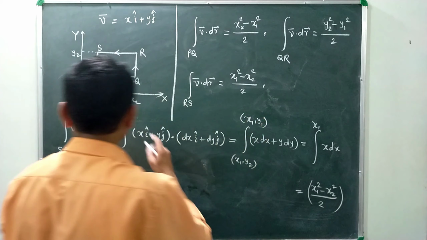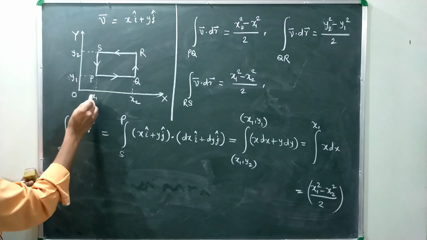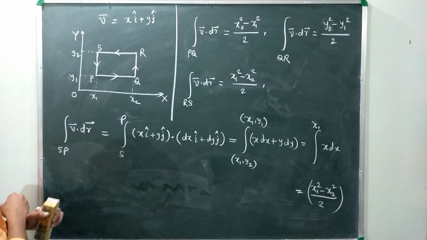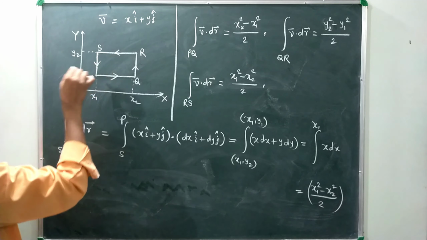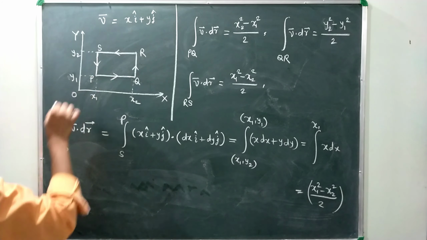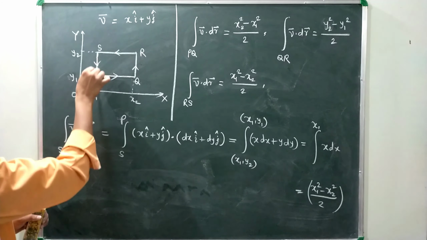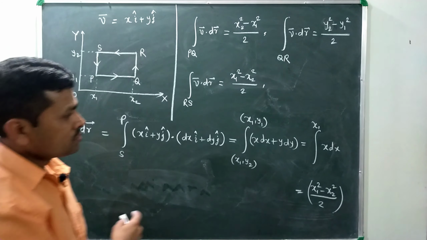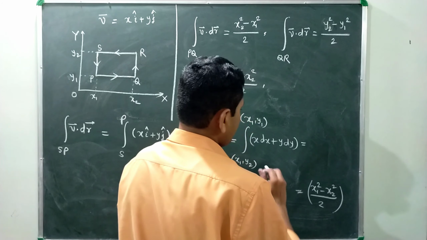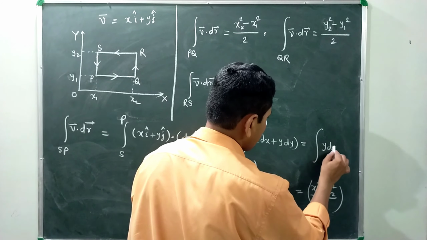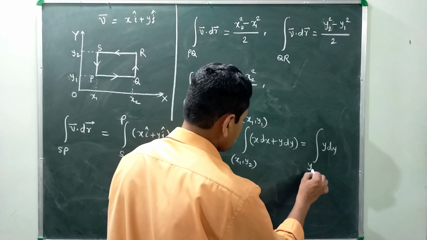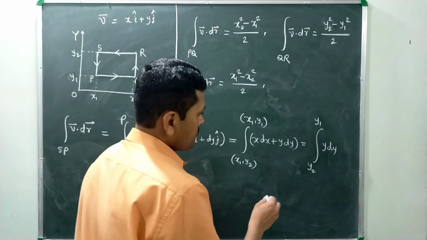So along this line it is clear that the value of x is not changing at each and every point on this line. This means dx will be 0 along this line. So dx will be 0 means here we will have y dy, and the limit of integration will be from y2 to y1.